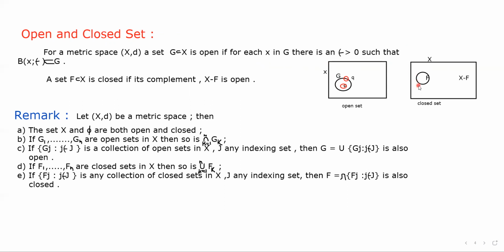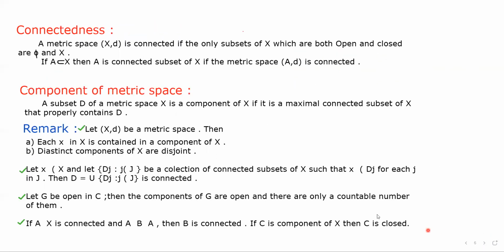And what is a closed set? We say F is a closed set if its complement X minus F is open. So now what is connectedness? A metric space (X, d) is connected if the only subsets of X which are both open and closed are phi and X.